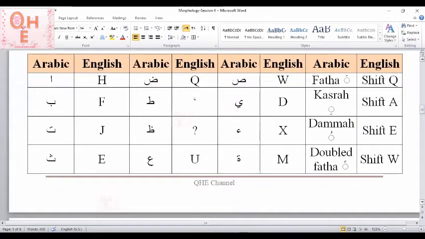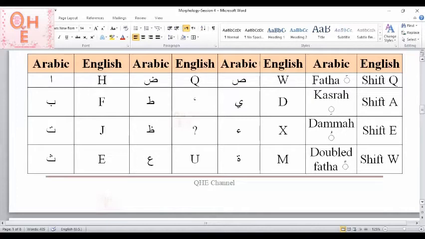So in this table, we have Arabic and English characters. For example, let me go over only two columns, and the rest of them are very easy to understand. If I want to type alif, then I will use the H key on the keyboard. If I want to type ba, I'm going to use the letter F key.